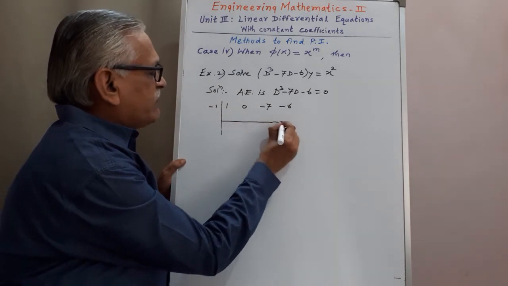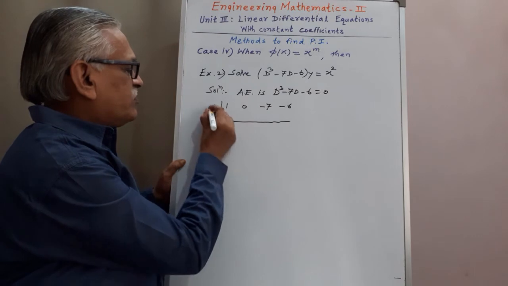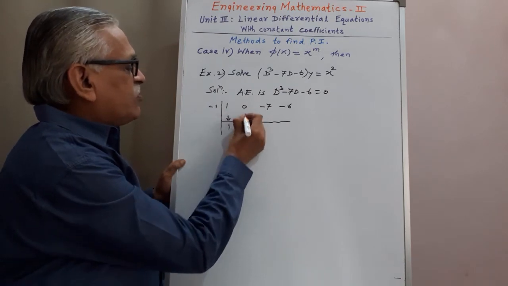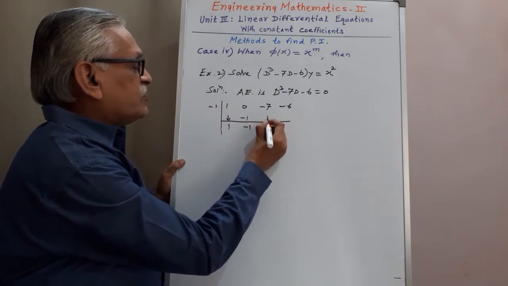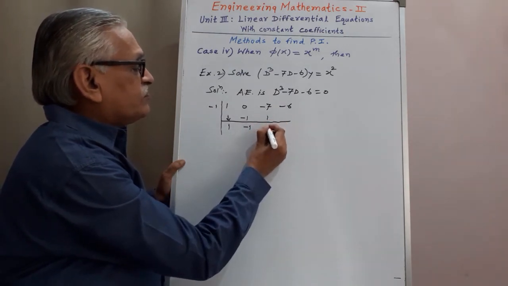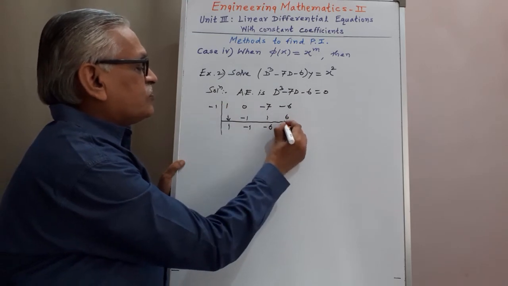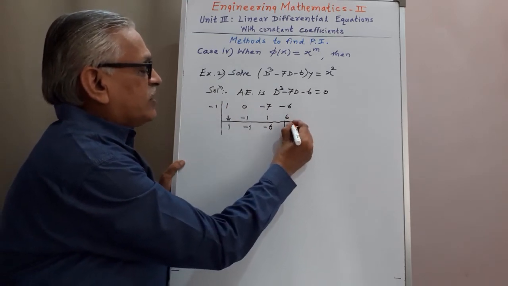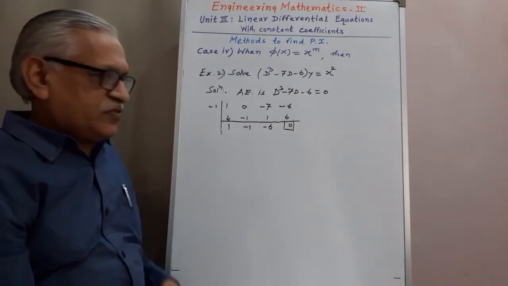Directly we can go for that minus 1. First term as it is, product of these two, sum of these two, again product, sum, product, and therefore the last term is 0. Means that minus 1 is a root.